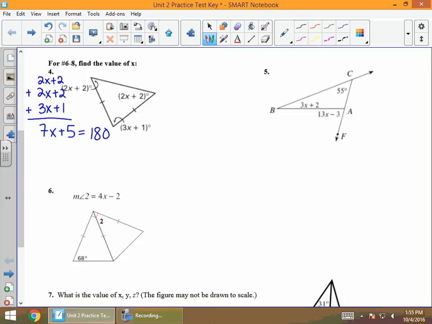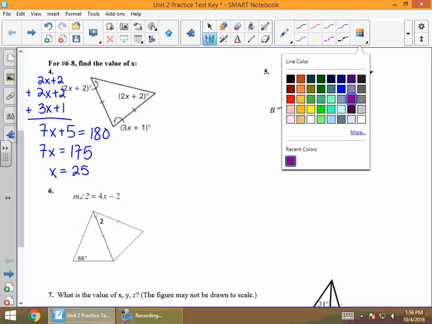I'll subtract 5 on both sides. So 7x equals 175, and then divide by 7, and x is equal to 25. So that is my value for x. It doesn't say that I have to find out what each one of the angles equal. If you plug 25 in there, it looks like you have 52, 52, and 76 would be those 3 angles.